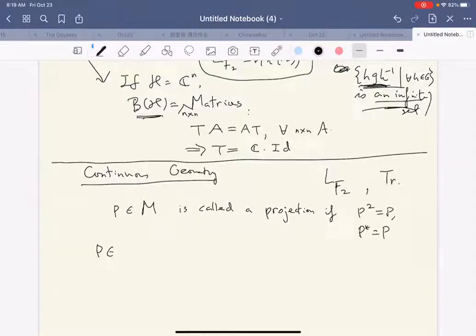Okay, so let's get a feeling of what a projection looks like in n by n matrices. So let's take matrices of size n. What is a projection if you have a matrix of size n? The condition is that P squared equals P star in the n-dimensional case. In the matrix case, star is the complex conjugate and then the transpose, right?